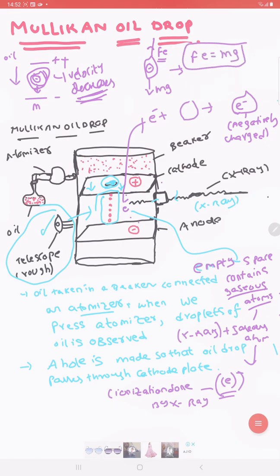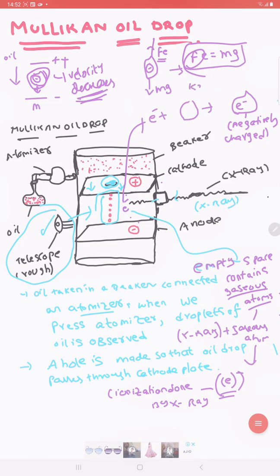Means we need to increase the voltage so that Fe would be equal to mg at some position and at some point of time. Now what is Fe?